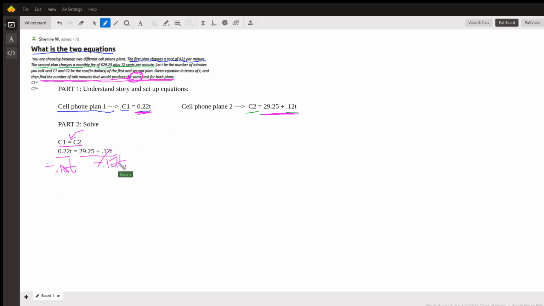So we're left with 0.1t equals 29.25. And then we divide out 10 cents or 0.1 on both sides to finally get our answer t.